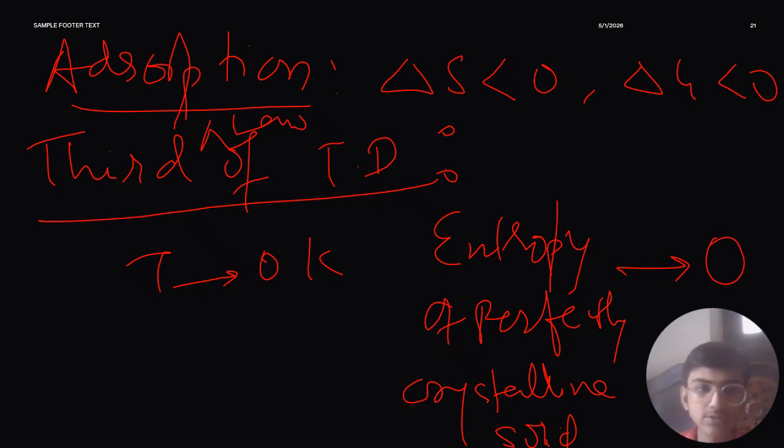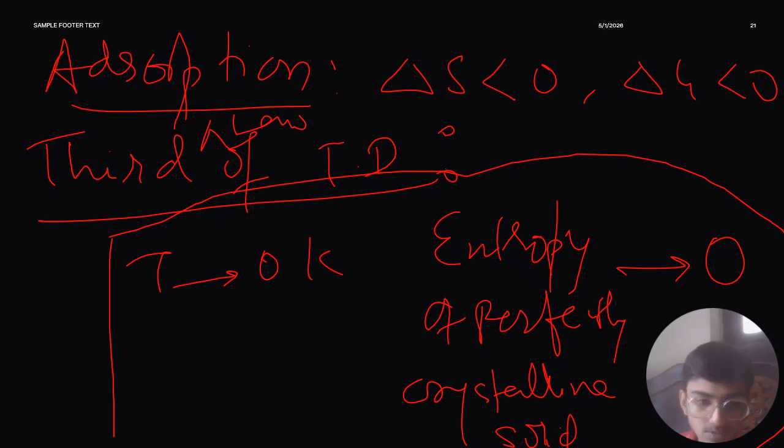This is the third law of thermodynamics, a very basic introduction you should have. Temperature reaching 0 Kelvin is obviously not possible, so we use 'tending to'. If temperature tends to 0 Kelvin, then the entropy of a perfectly crystalline solid will also tend to 0.